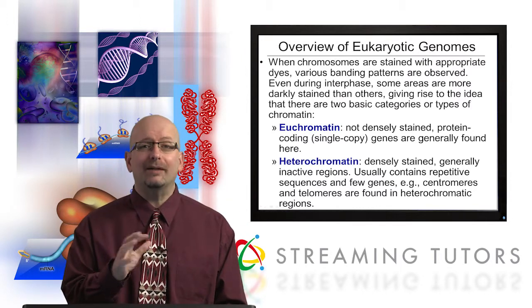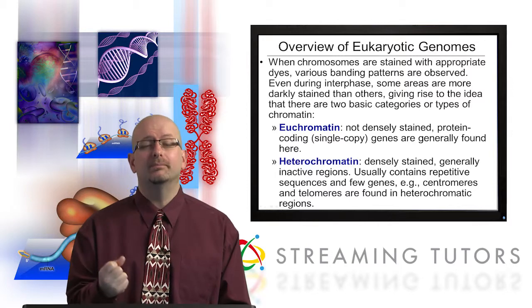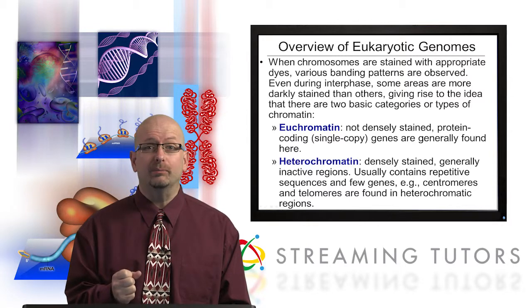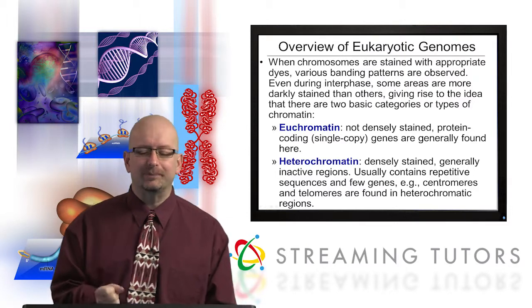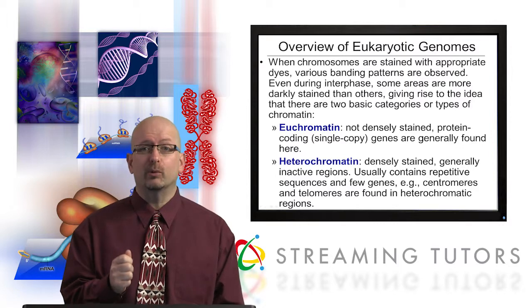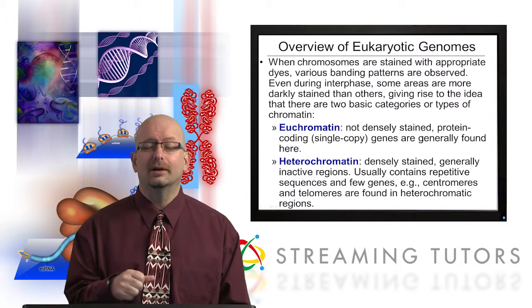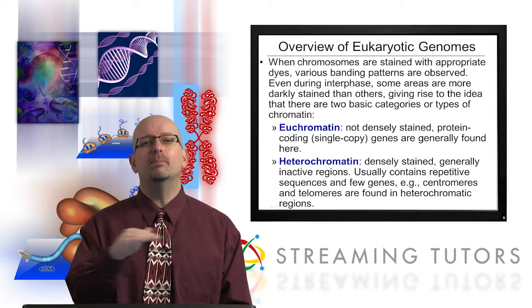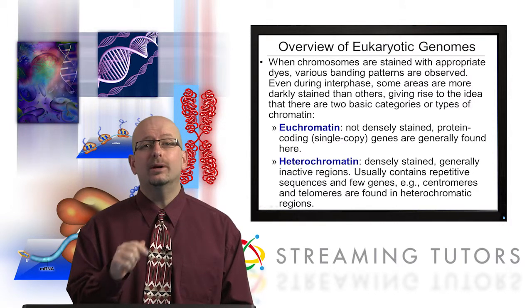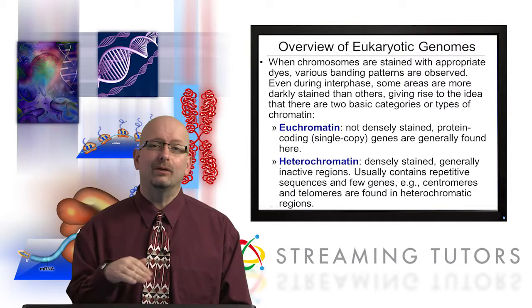So a couple aspects of that we can take a quick look at. We're certainly not going to go into all of it; you could probably take a whole course in genomics. But one thing is, it turns out when chromosomes are stained with appropriate dyes, and you may have seen pictures of this, various banding patterns are observed. And if you're an expert, you can tell what those banding patterns mean.